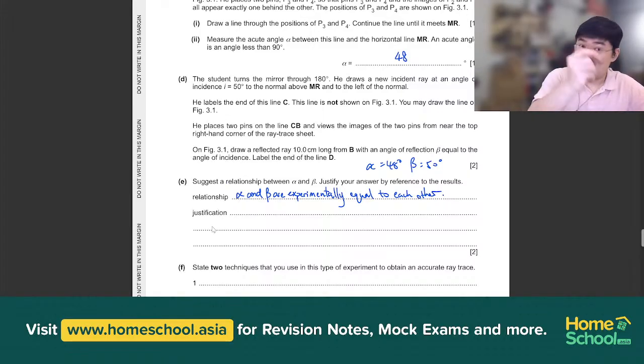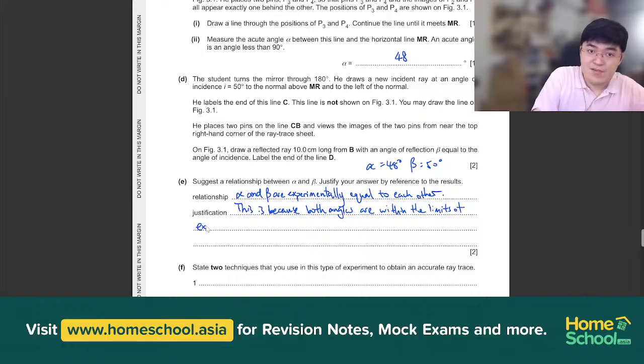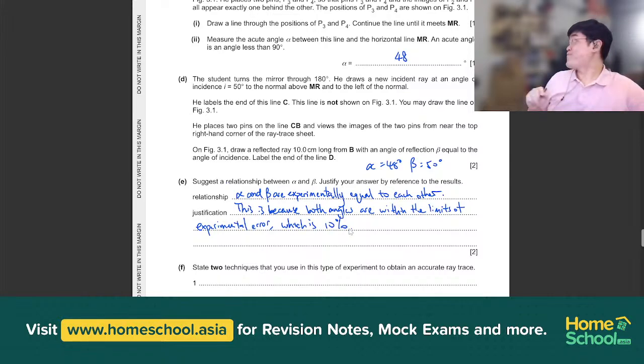Because of justification. Why is that so? This is because both angles are within the limits of experimental error, or in this case, 10%.